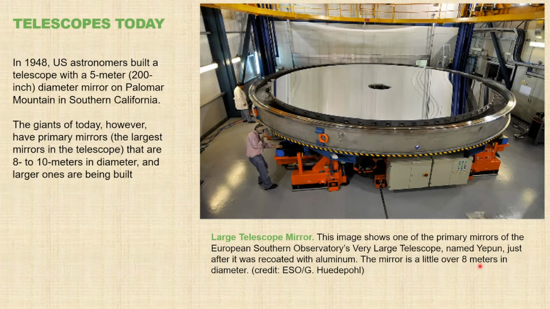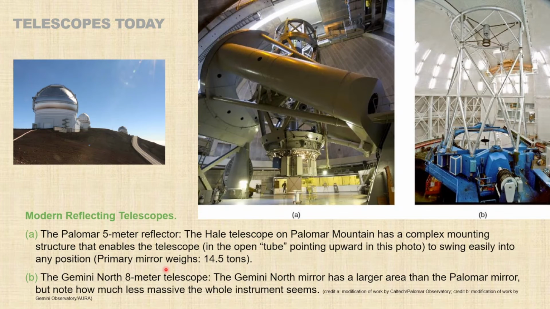And that's 8 meters. There are 10-meter ones. There is a 50-meter one being proposed. So it's only getting bigger and better. This one is the Palomar in Southern California, and there is a challenge.